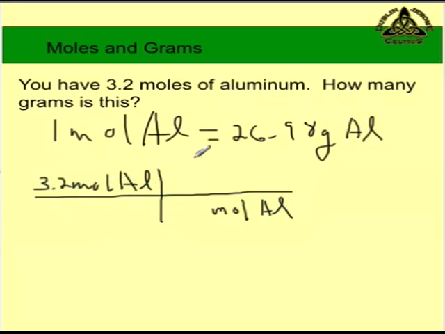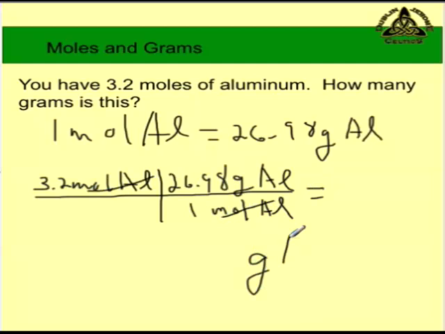We have a relationship here between moles of aluminum and grams of aluminum. We can put in our numbers. Notice how our units cancel. That tells us that the units on our answer are grams of aluminum, which is what we're interested in.